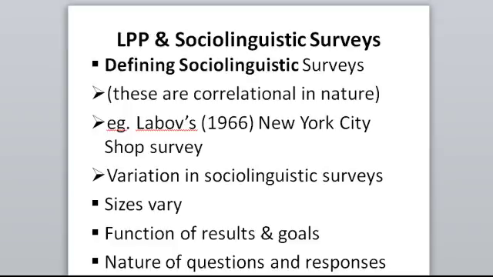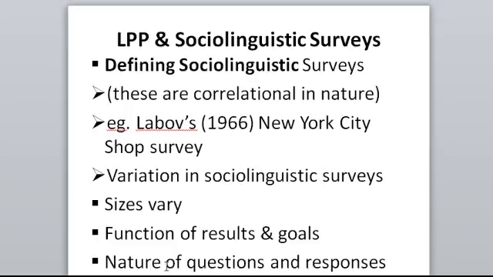Now, we may attempt to define what a sociolinguistic survey is. A survey is a research. However, it is different from other types of research in that a survey is correlational. It is correlational in nature. So, we have to pay special attention to this one. How is it correlational?